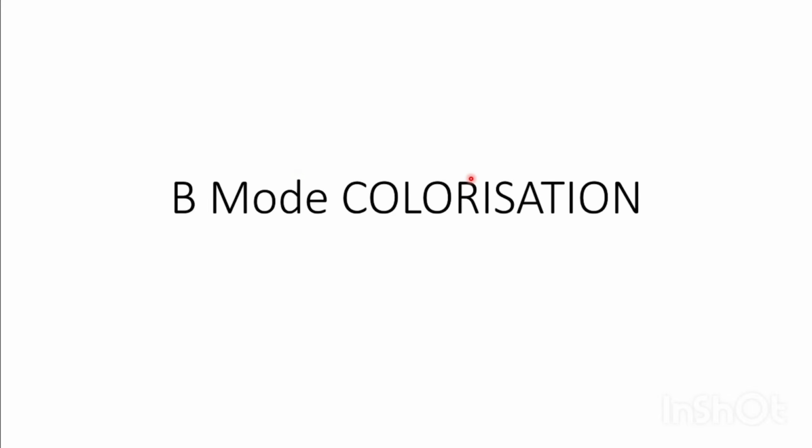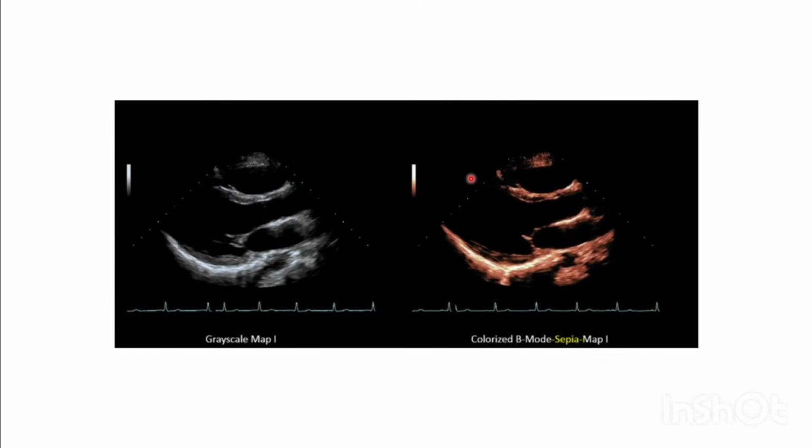So that is contour. Next is B mode colorization. Generally we see it as a black and white image or a gray shade. But if we apply a sepia, a color over that, certain structures can be seen more clearly.